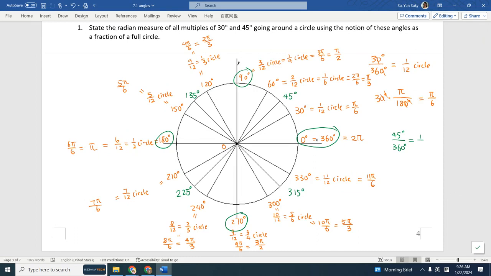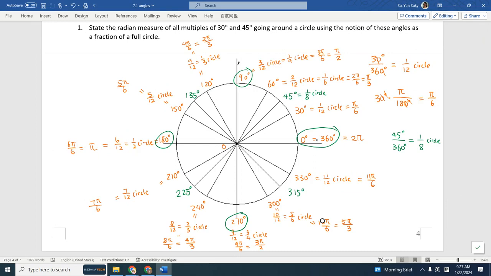So we have 8 copies of that, right? So therefore, each one is 1 over 8 of a circle. Yeah, everybody? Okay, so this is 1 over 8 of a circle. And the 90 degrees is what? 2 over 8 of a circle. 2 over 8 is 1/4. It matches with our answer.